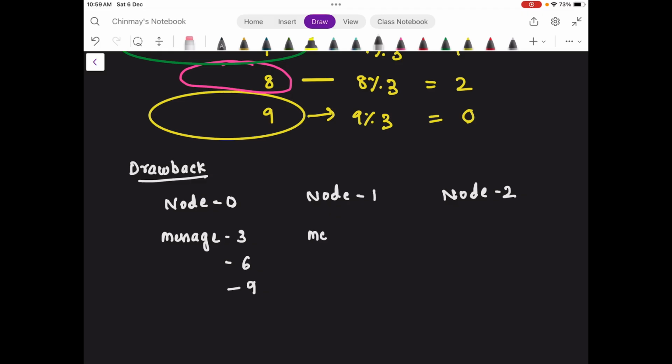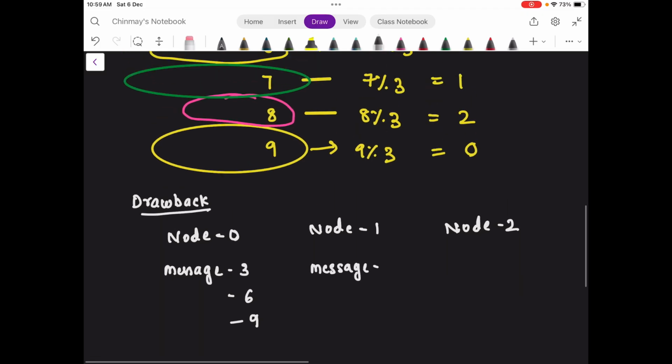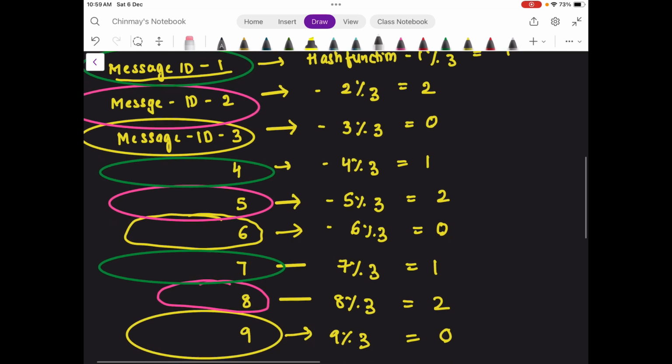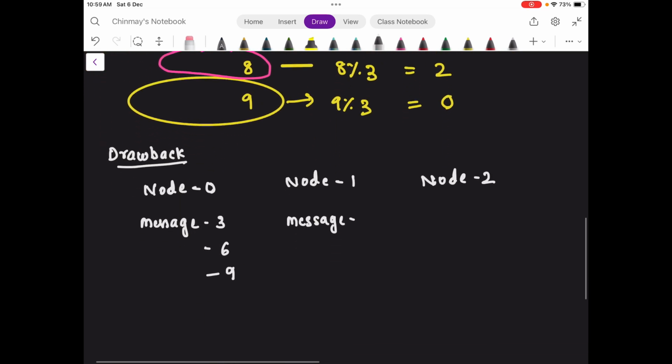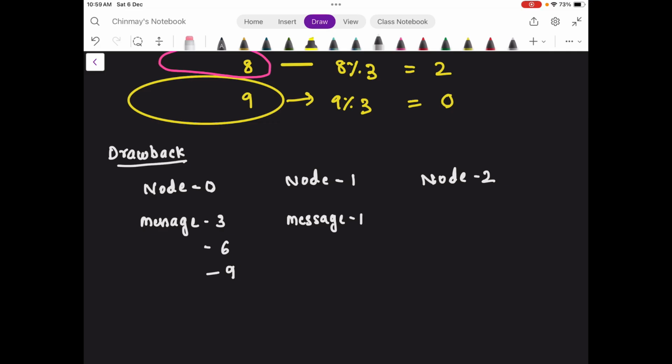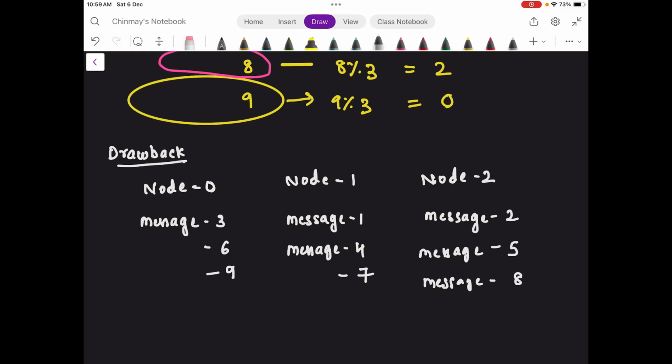For node 1, message 1, message 4 and message 7. In a similar way for node 2, message 2, message 5 and message 8. This is the message distribution across the nodes.